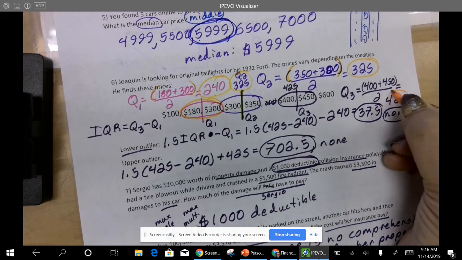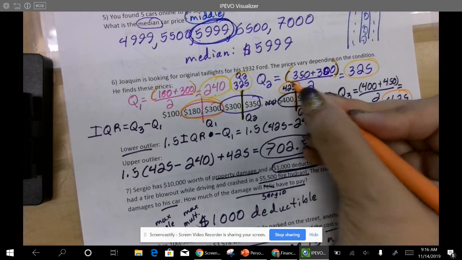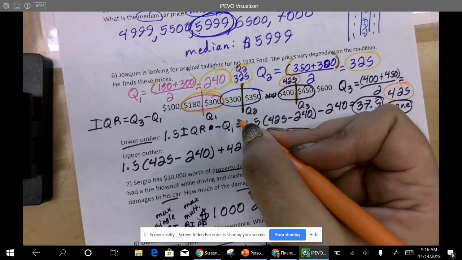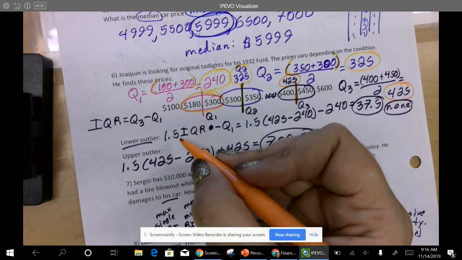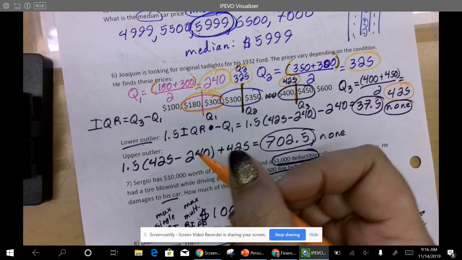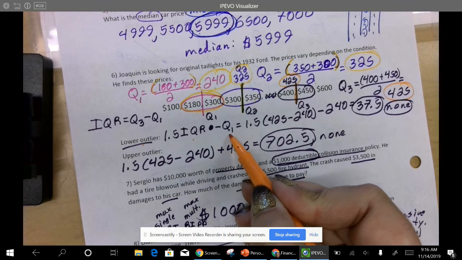So I get 425 right here for quartile 3. Now I can do my inner quartile range. For lower outlier, I have to find the lower boundary: 1.5 times the inner quartile range minus quartile 1.